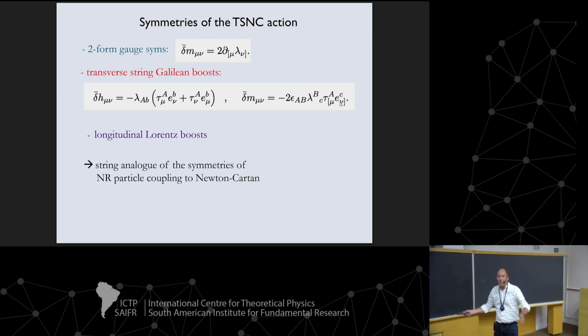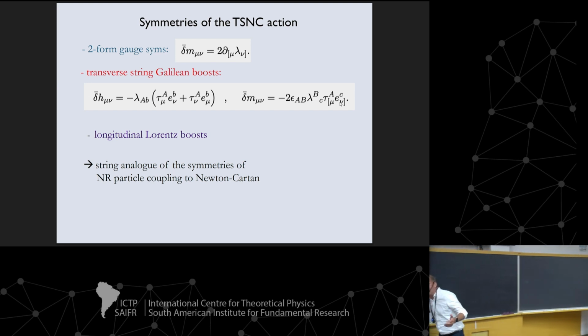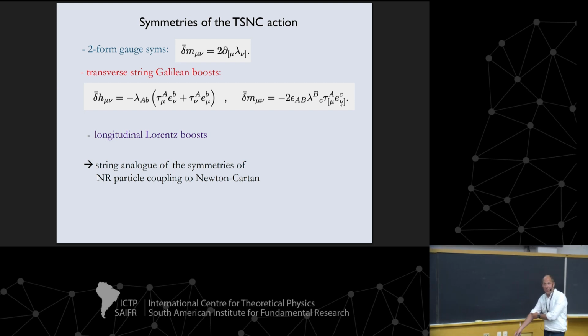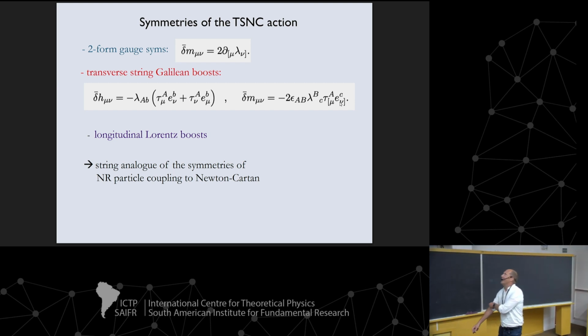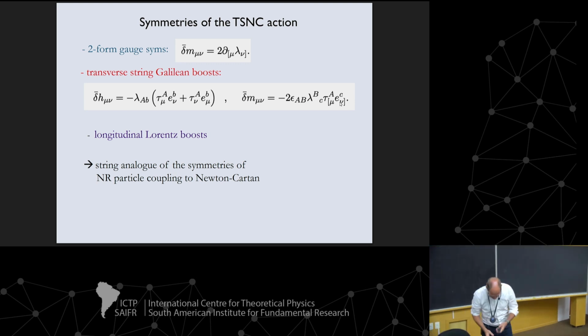So there's a whole generalization of Riemannian geometry that you can use to actually build, for example, two-derivative effective actions using these geometrical ingredients. So we have so-called transverse string Galilean boosts and still longitudinal Lorentz boosts. And like I said, that's the string analog of an NR particle.